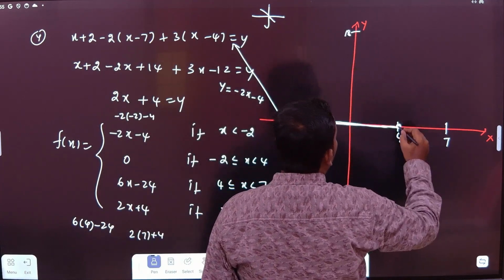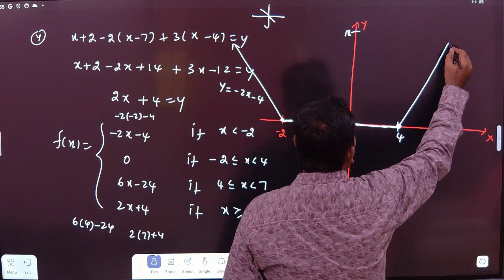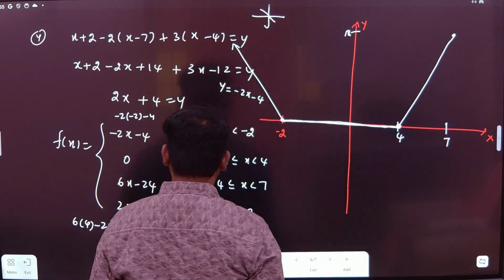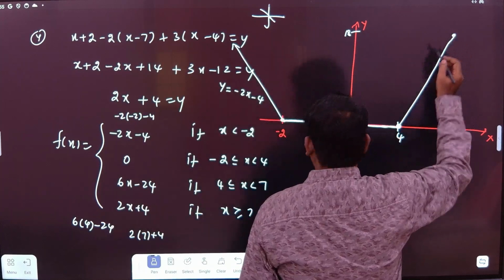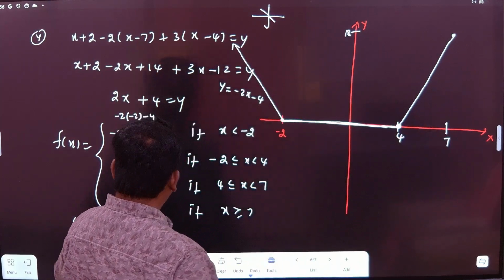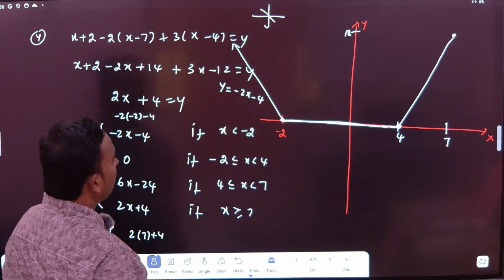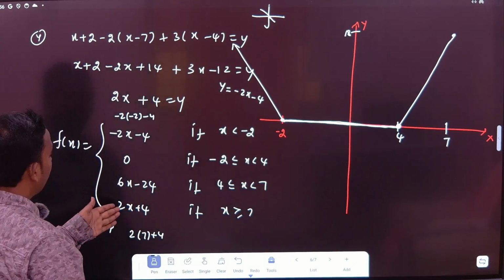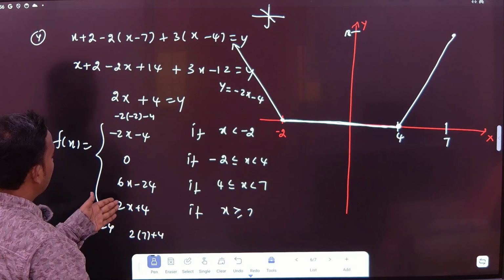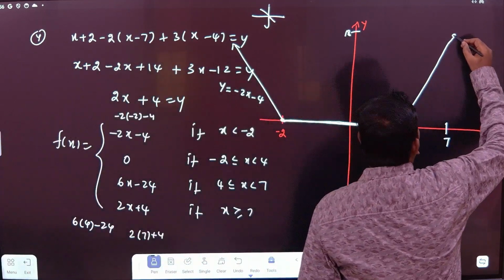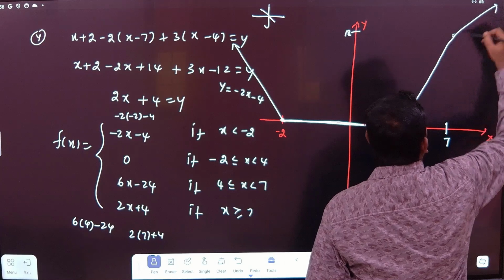So the graph will be like this, right? 7 is not included, no? But if you put 7 here, it will be 18. Then after that, you take more than 7. If you put 7, it is 18. 2x plus 4. That means the graph will be like this, right?